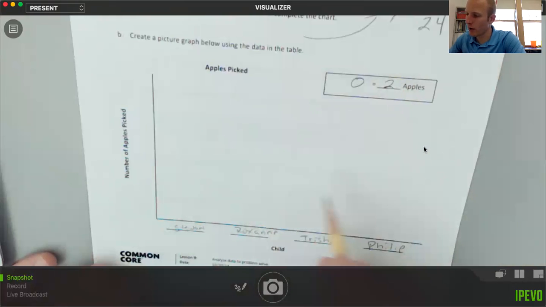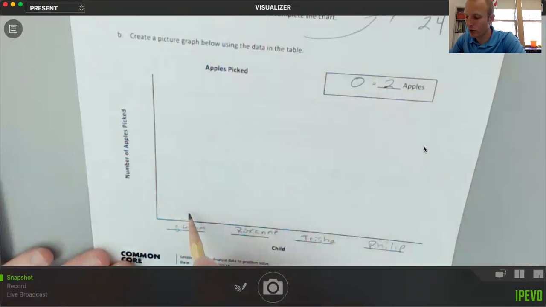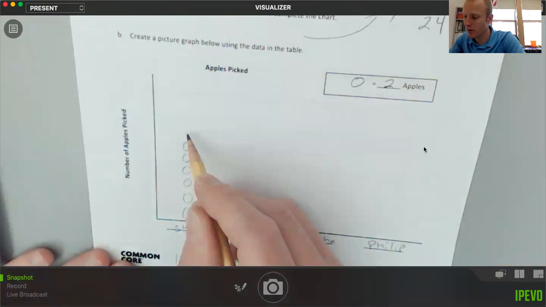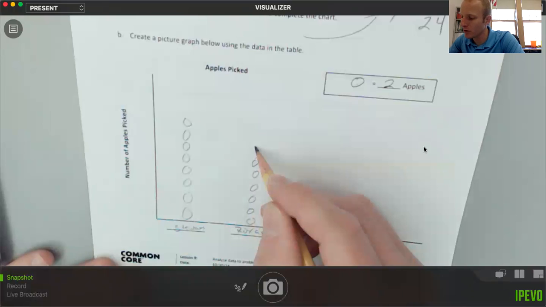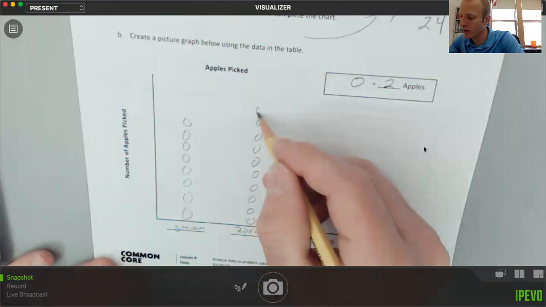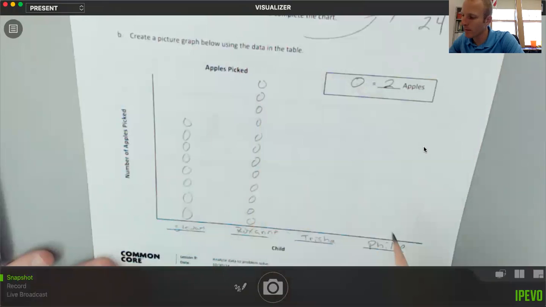And so Stuart had 16 apples, which means I need 8 circles. 1, 2, 3, 4, 5, 6, 7, 8. I probably should have made a different scale here. Roxanne had 24, which means she needs 12. 1, 2, 3, 4, 5, 6, 7, 8, 9, 10, 11, 12.